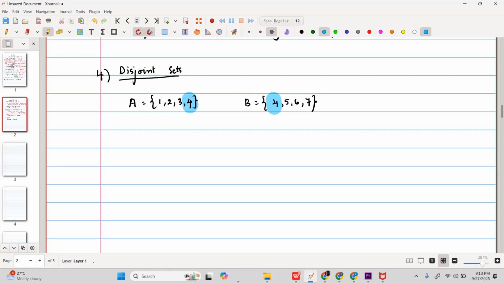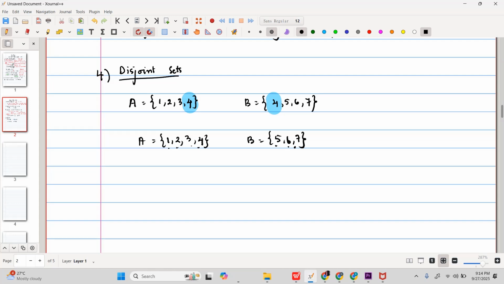So what do we mean by disjoint? There is no element common to the sets A and B. Then we will say that the sets are disjoint sets. If I am taking A is equal to 1, 2, 3, 4 and B is equal to 5, 6, 7, the elements of A, 1, 2, 3, 4, are entirely different from B's elements, which are 5, 6, 7.